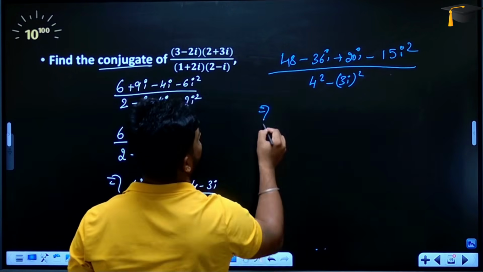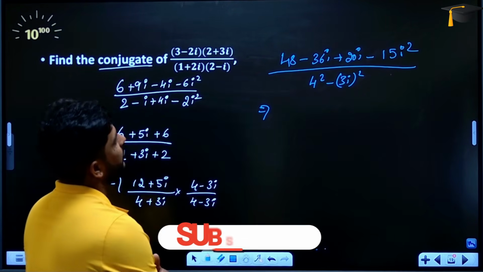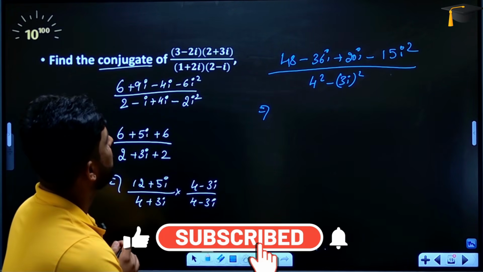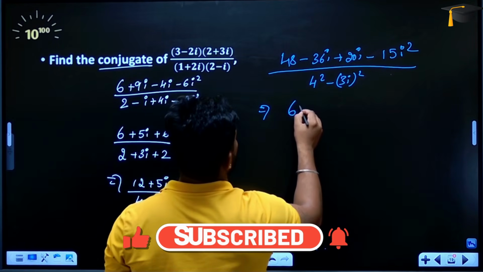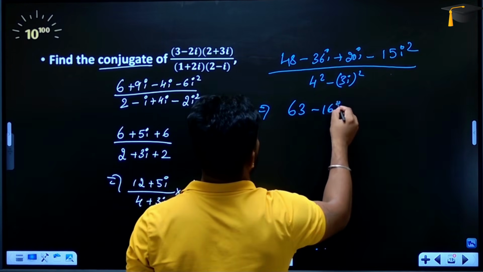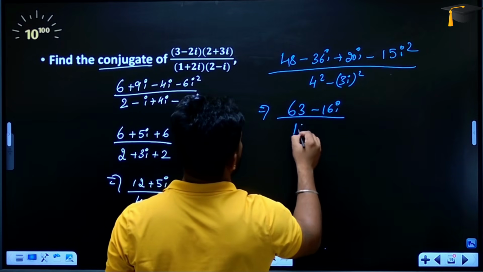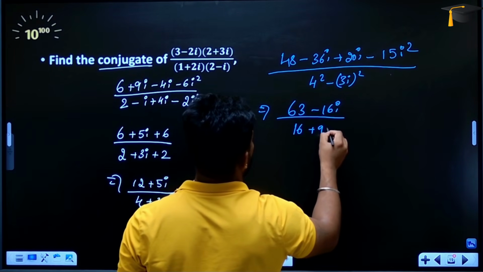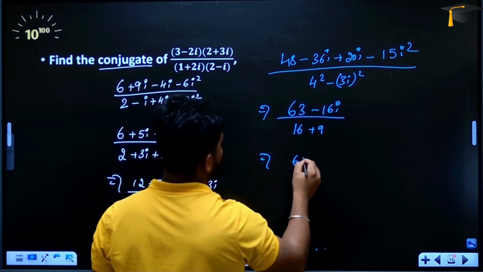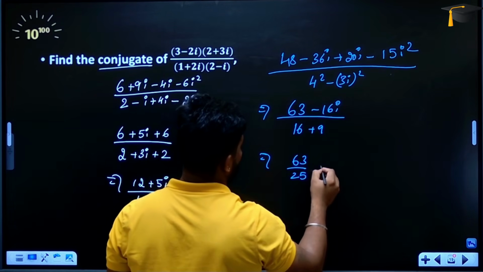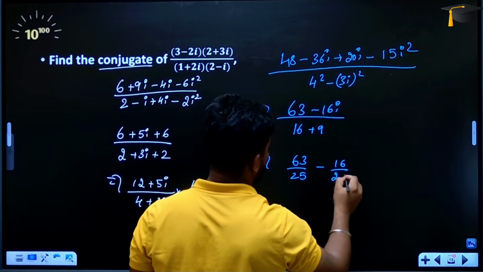So it is 48 plus 15, 63. So 63 minus 16i divided by 16 plus 9, since i square is minus 1, plus 9. So it is 63 by 25 minus 16 by 25 i.